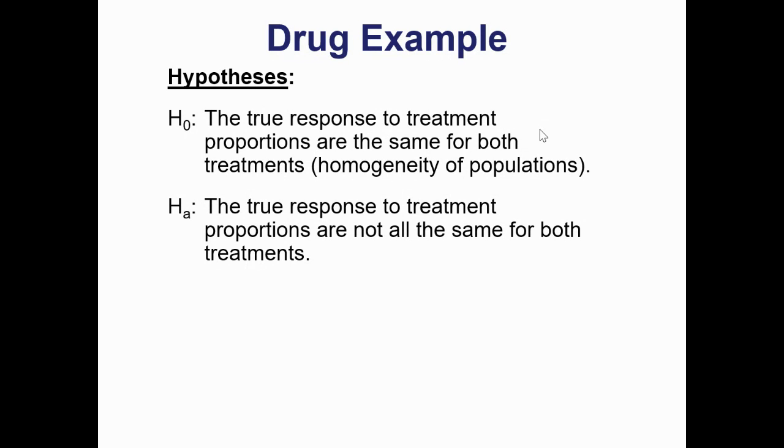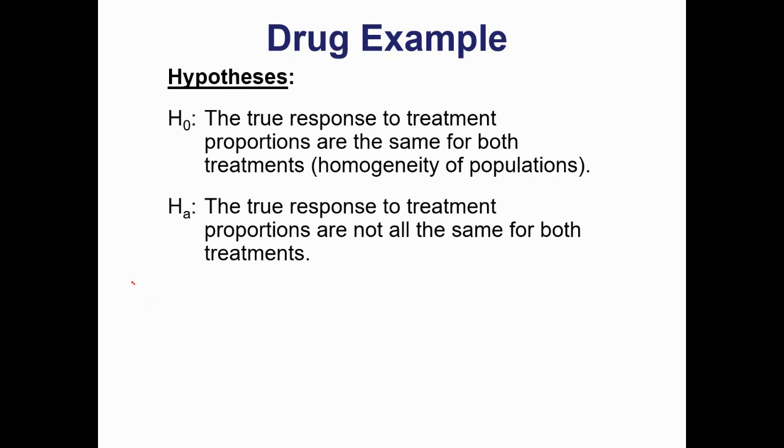So once we get our hypotheses, let's start talking about degrees of freedom. In the data, y'all have the table right above this. On PowerPoint, I'd have to go back a slide. But for degrees of freedom, how many rows do I have? 2.